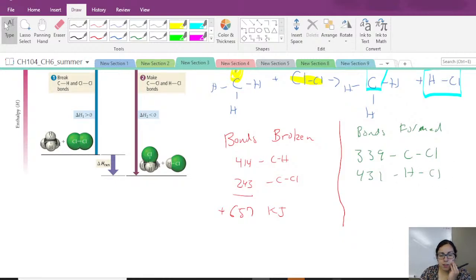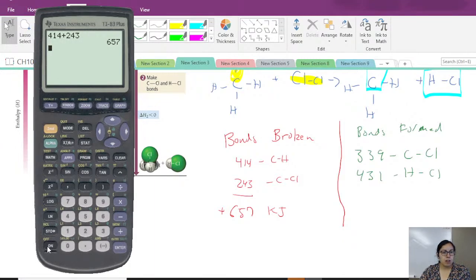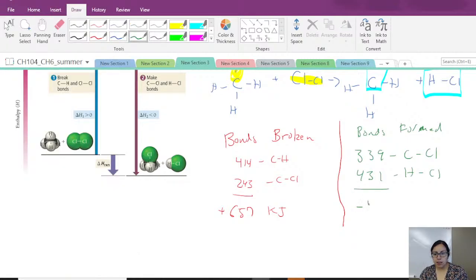Let's add those up. Now this is energy that's favorable or gained back. So it's 770, but then I'm going to put a negative 770 because it's bonds formed, so it's releasing energy.